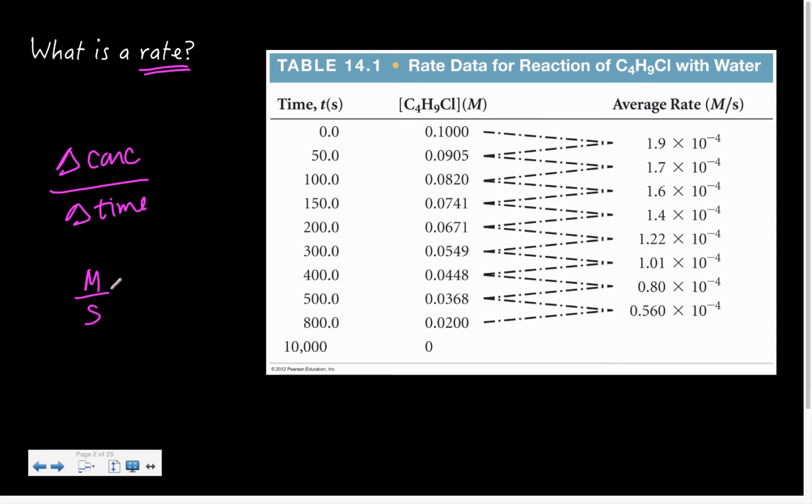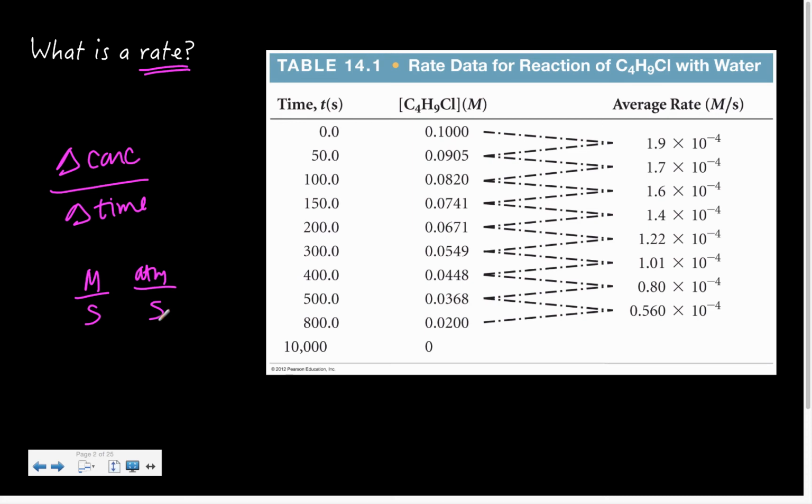Molarity per second is good when we're talking about aqueous reactions. But if we were talking about a gas phase reaction, we could just as well be talking about pressure per second, because pressure is directly related to moles, which is a measure of how much is present. And the time unit doesn't have to be seconds. It depends on the reaction that we're looking at.